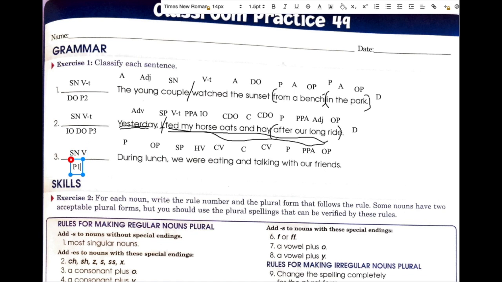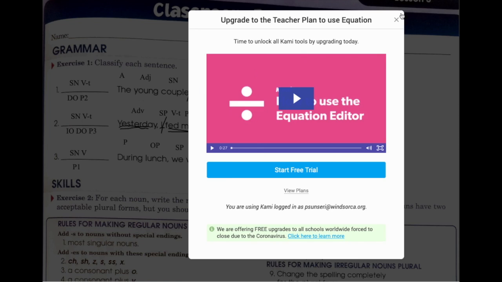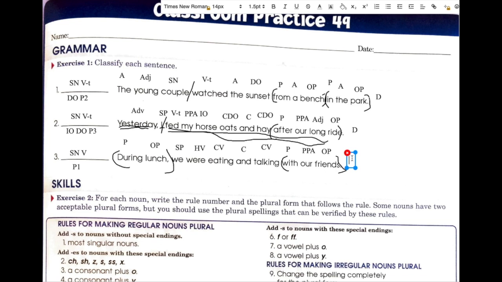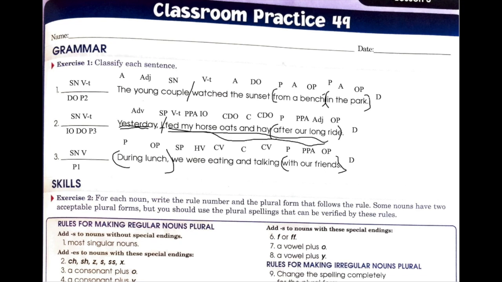Let's put parentheses around our prepositional phrases. We have a period, statement, declarative sentence. And we have an inverted order here because we have a prepositional phrase at the beginning, and that's got to be part of the predicate.